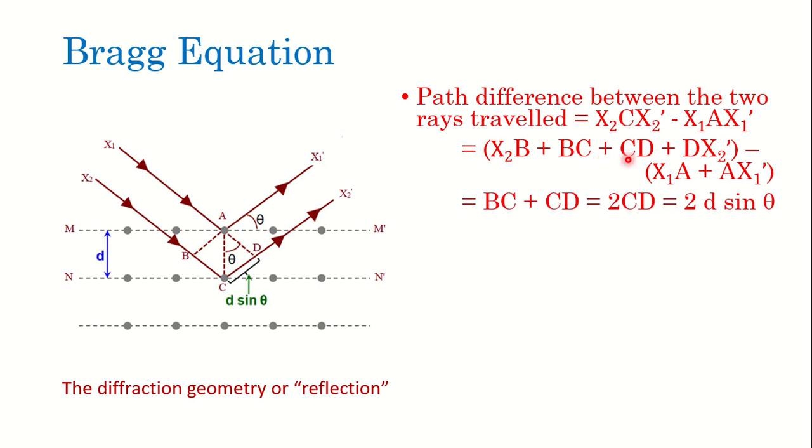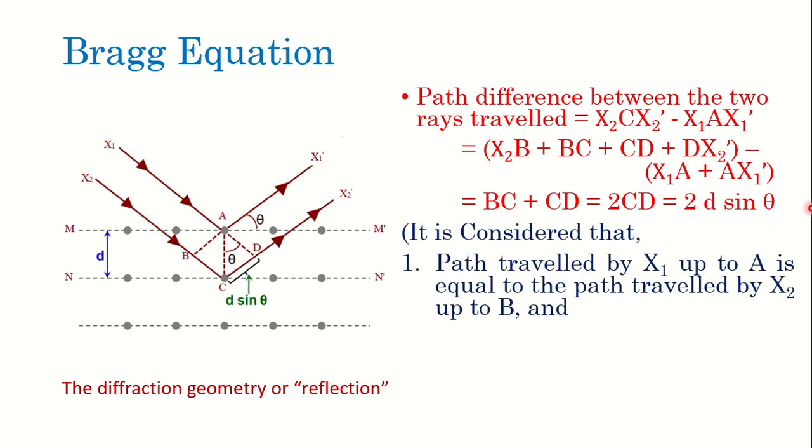After deducting, you get BC plus CD. Now BC and CD are equal, so this is also equal to 2CD. CD means not d, CD means d sin theta, as we have said. Actually AC is d, therefore CD is d sin theta. Since it is 2CD, it is 2d sin theta.